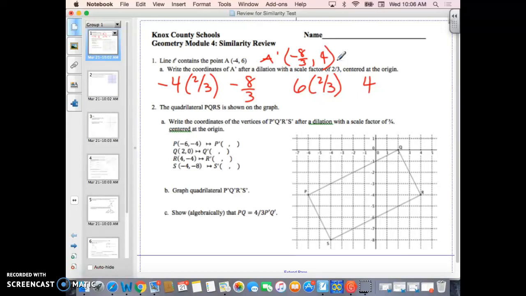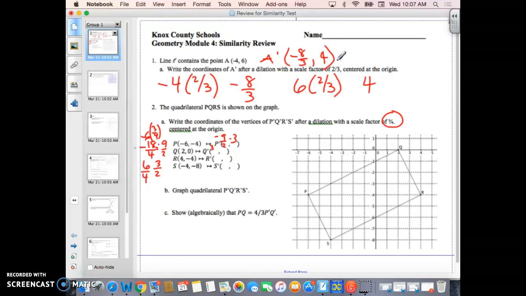All right, number 2, it says the quadrilateral is shown. You want to dilate by 3/4. Okay, so you're going to take -6 and multiply it by 3/4, and you should end up with -6 times 3 is 18, -18/4, which is -9/2. And then -4 times 3/4, this is just going to be -3. 2 times 3 is 6, so this is going to be 6/4, and that can simplify to 3/2.